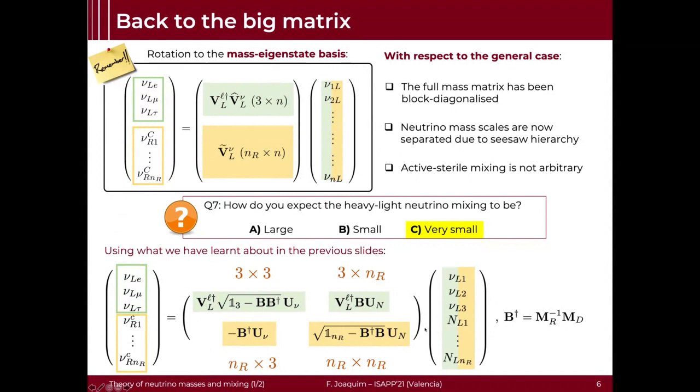So you see that the block which controls the heavy light neutrino mixing is this one. Okay, so VL and UN can be unitary matrices. They don't necessarily have to be small, but B is very, very small because it's of the order of MD over MR. And if you remember, if we consider order 1 Yukawa couplings between the lepton doublets, the nu Rs and the Higgs, you will end up with the MR scale of the order of 10 to the 14 GeV. So this is really, really, really small.